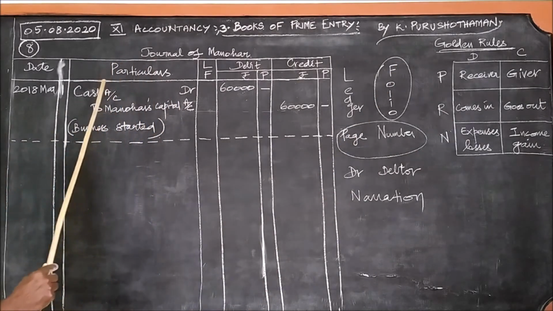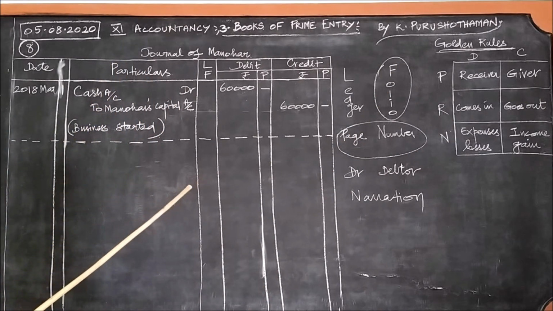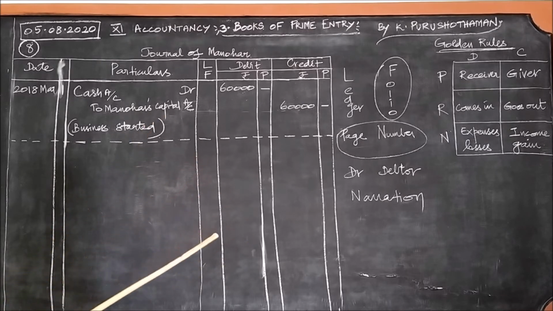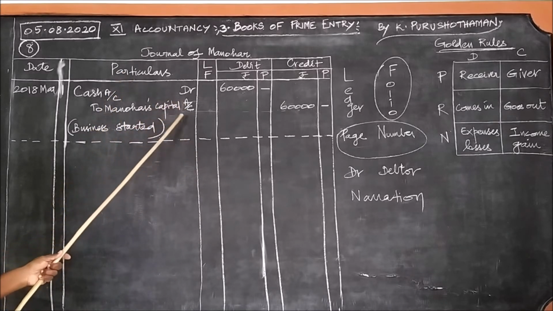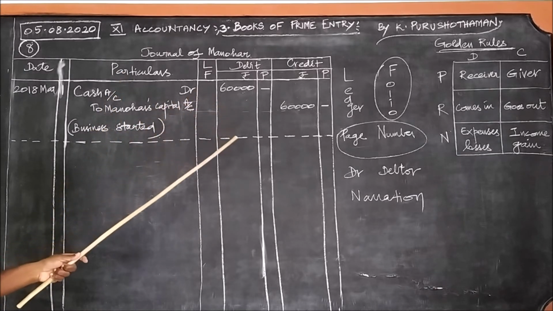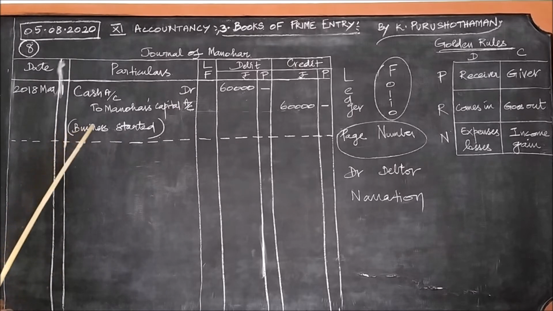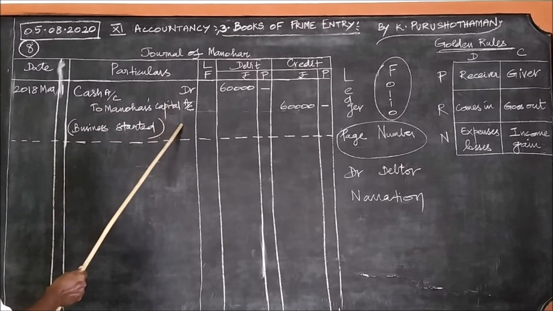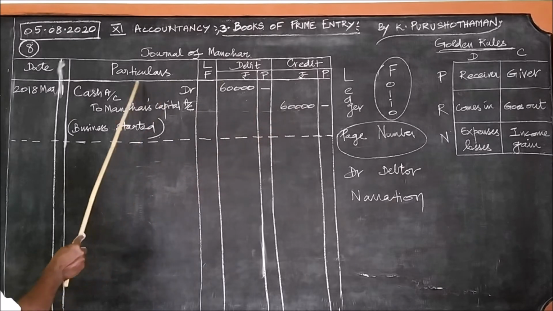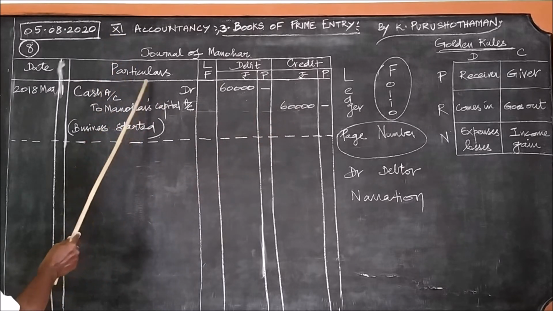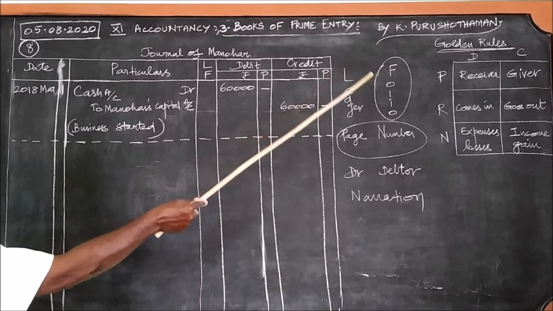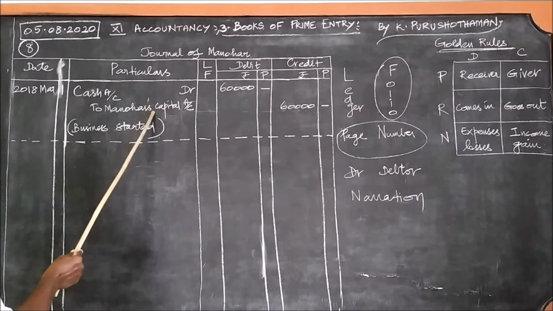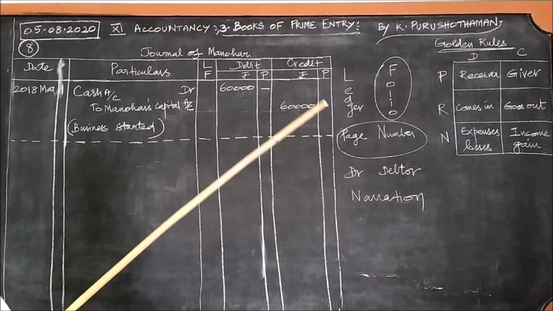Therefore, cash account debtor. And the second one, assets on the debit and the capital and the liabilities on the credit. So here to Manohar's capital account 60,000. So the first line for debit, second line for credit, and we are following any one of these three rules here to write. This is the first one.